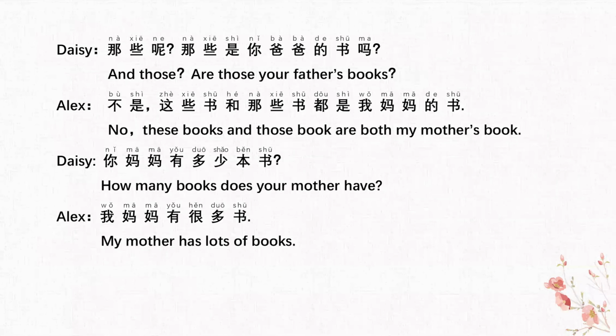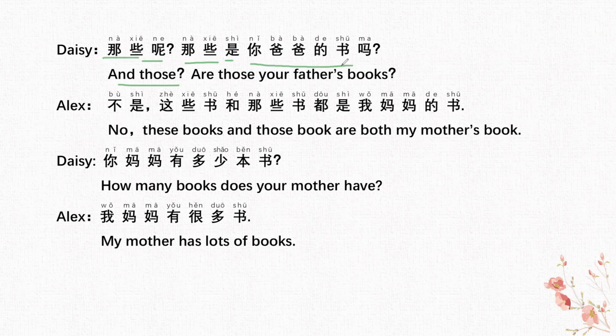Next page. And those, you see, 那些呢, did you remember? 呢 just means kind of and you, and 你呢 is and you. So 那些呢 is and those. 那些是你爸爸的书吗?